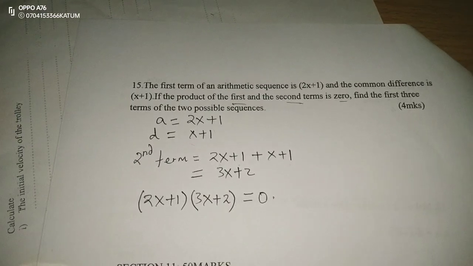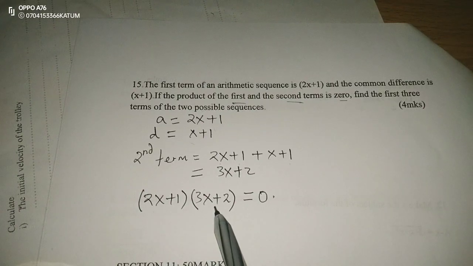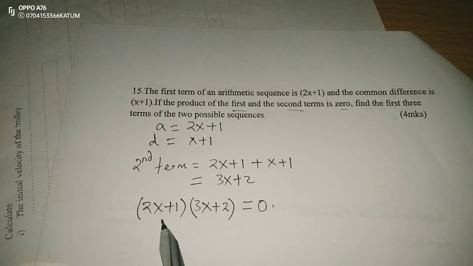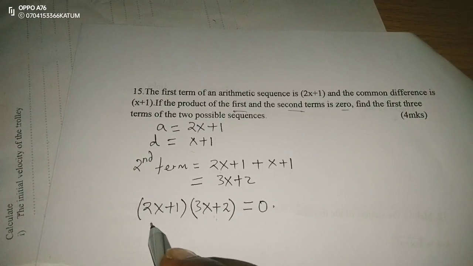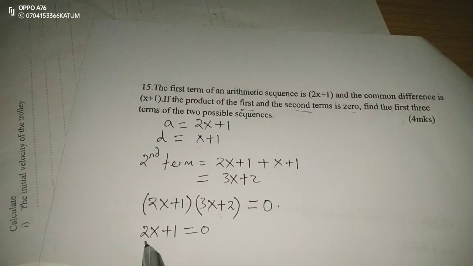Therefore, you can see when we expand this we will end up getting a quadratic equation. The quadratic equation, for it to be solved, will end up being factorized again back to these factors. So instead of expanding to factorize again, we can evaluate at this level and say that 2x plus 1 equals 0, and also 3x plus 2 equals 0.